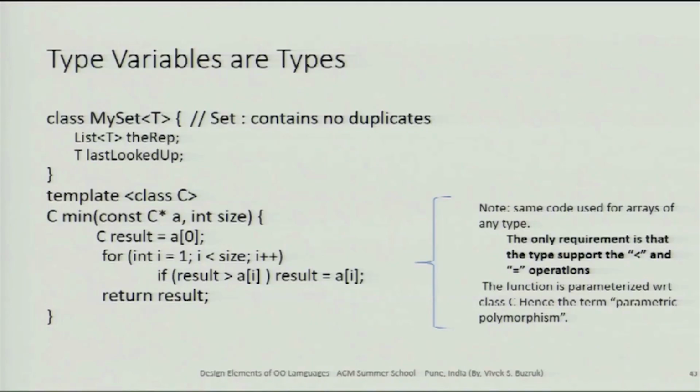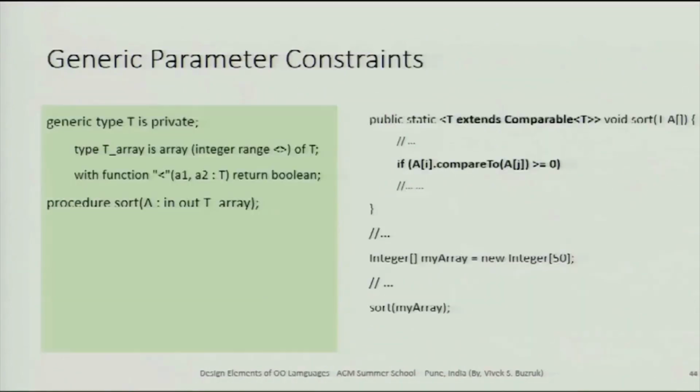Let us take an example in a language like Ada, where you can in fact pass that less than operator as a parameter when you instantiate.